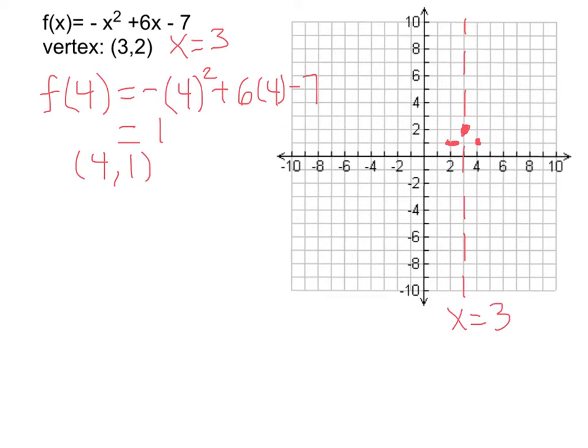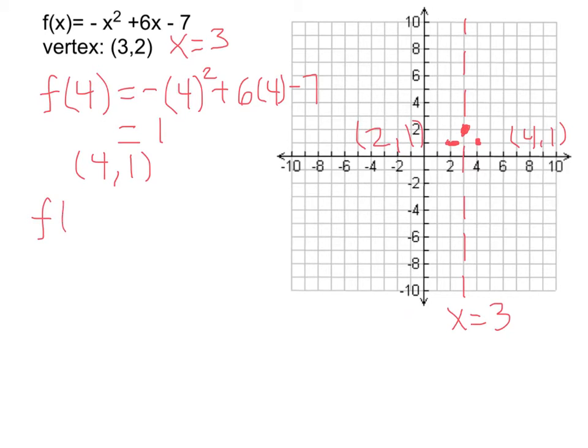They're the same distance away from the axis of symmetry. They're both 1 unit away, and they have the same y value. So again, this point over here was 4, 1, and I don't need to spend any time plugging in the value 2 because I know it's going to come out the exact same, 2, 1.